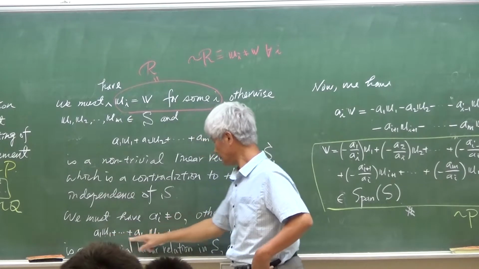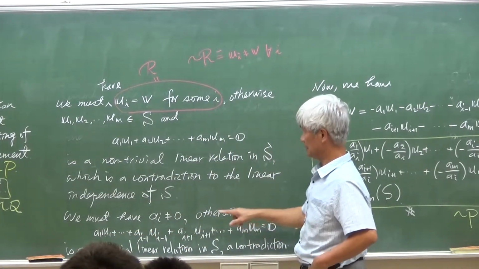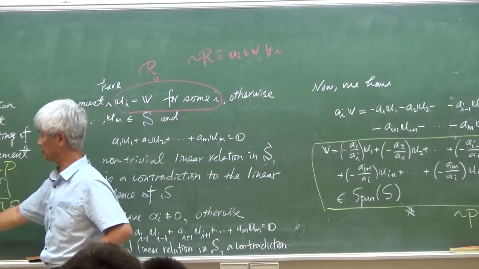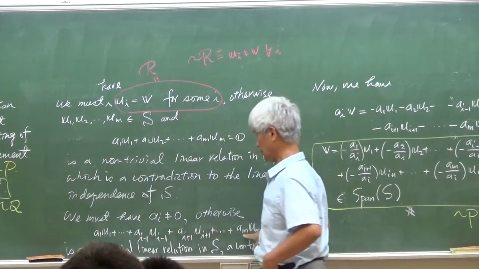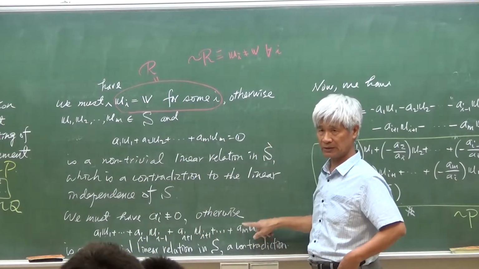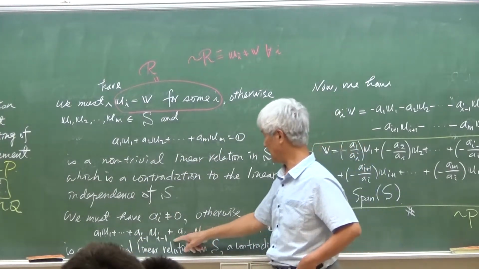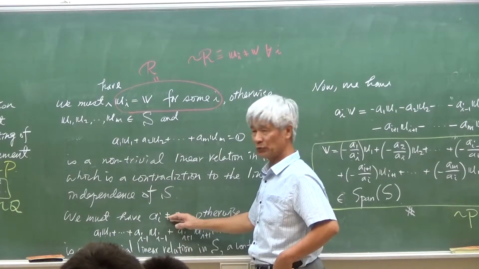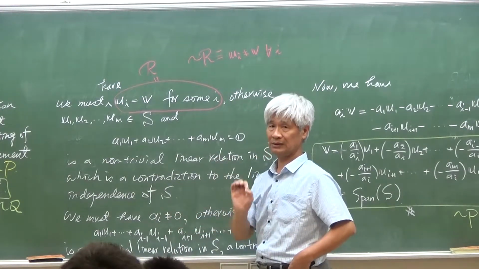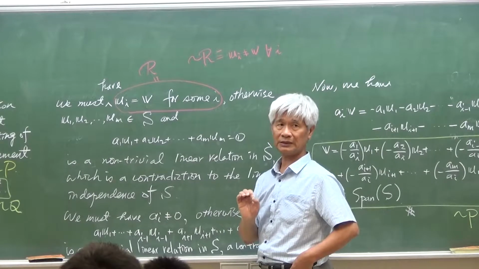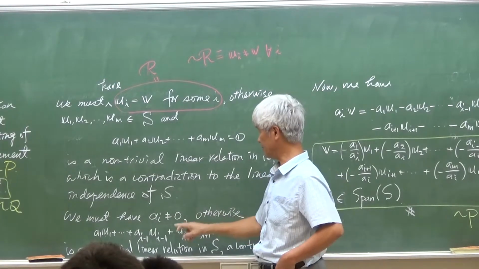So this non-trivial linear relation becomes shorter and only has m minus 1 terms. The ith term can be removed because it's a 0 vector.